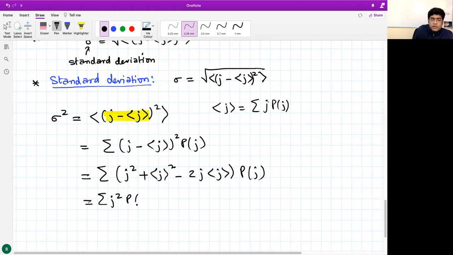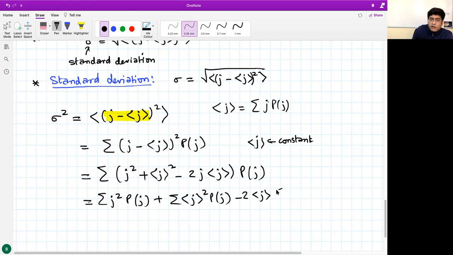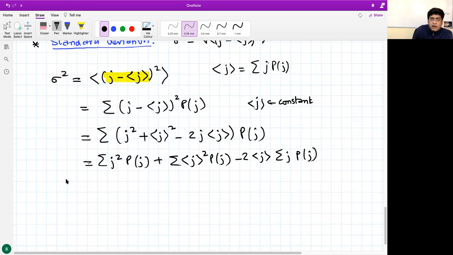Summation j square pj plus summation j mean square pj, minus 2 times summation... see, for a given set of values, j mean is a constant quantity. It can be taken outside the summation; it won't change for a given data. So 2 and j mean come outside the summation, and this is written as j pj. Right?